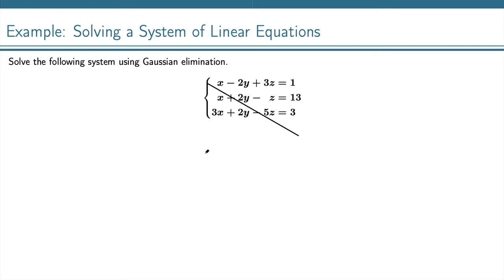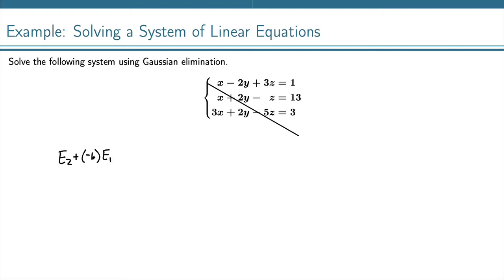To do that, we can use the various operations that we know will yield equivalent systems. So this x right here I can get rid of by subtracting the x above it. So we're going to take equation 2 and we're going to add -1 times equation 1.